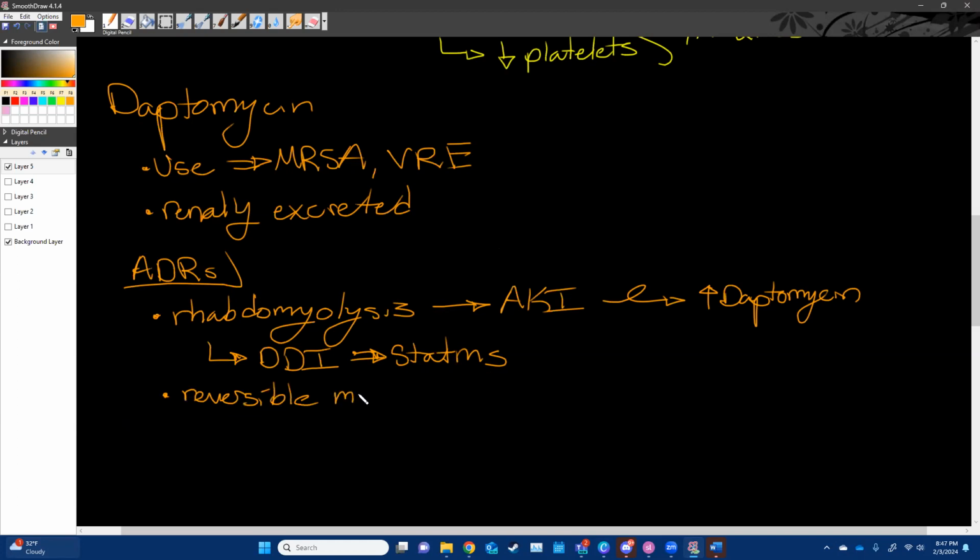Kind of on the lower end, I should have written this above. So put this there, is reversible myopathy. So, pain in the muscles, that sort of thing.